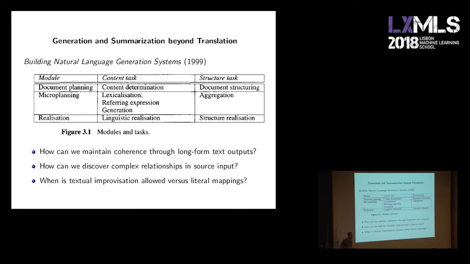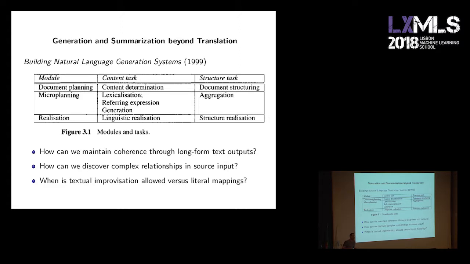If we go back in the literature and look at what people talk about when they talk about natural language generation, they're talking about things that are much richer than what I've described. So this is from a textbook written in 1999 called Building Natural Language Generation Systems. And it divides the NLG problem up into several axes. It talks about both the content and the structure of the language, choosing what to say and how to say it.